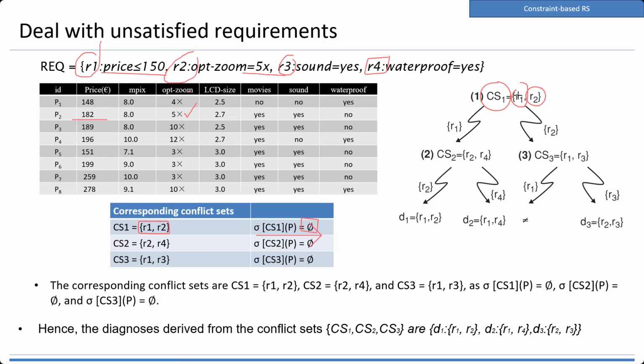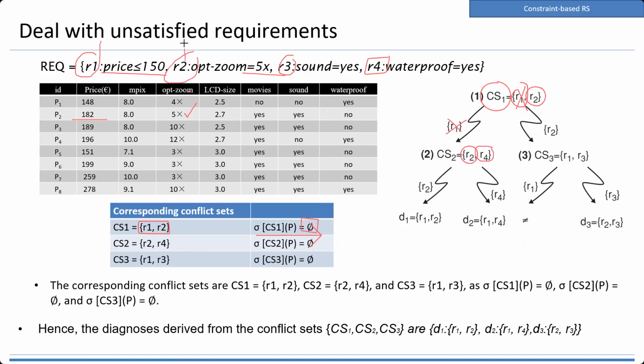And then let's check. Suppose I want to remove R1. So I remove R1 and I want to check if I have R2. Now I can combine with another requirement. For example, in this case, I want to check with R4.